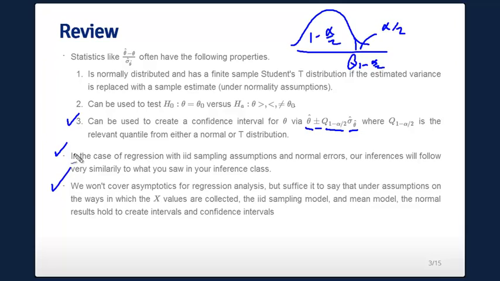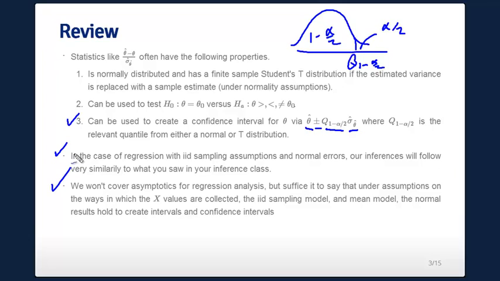We're not going to cover asymptotics for regression analysis because you have to make some assumptions about how the X process is going to infinity as well. If you have bivariate Gaussianity, then it's certainly no problem. Or if you have an instance like ANOVA, where the X's are specified into groups with some assumptions about how the X's go to infinity within the groups, then you're fine. But that's maybe a bit much.